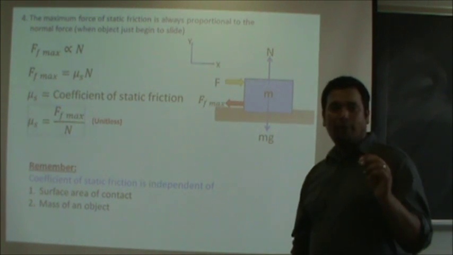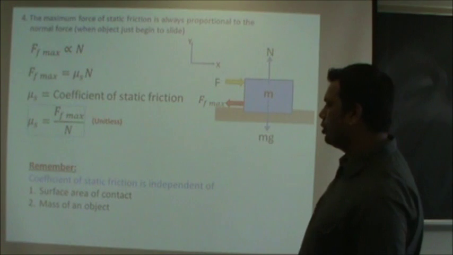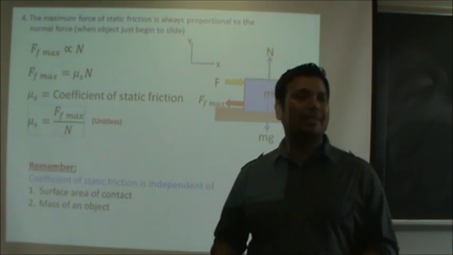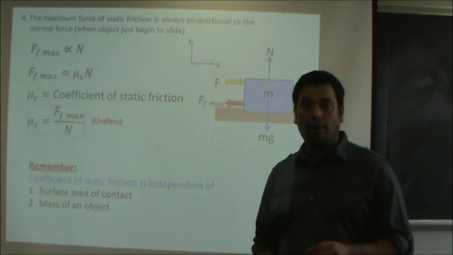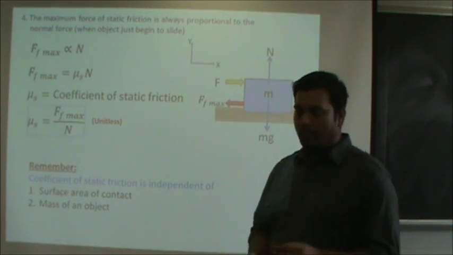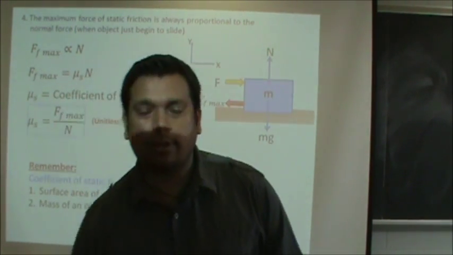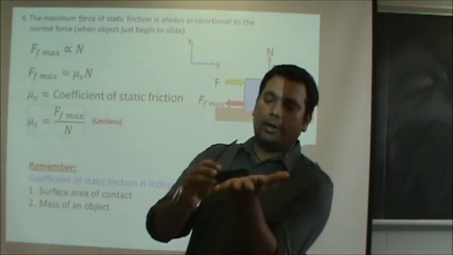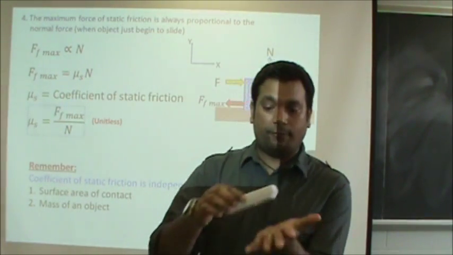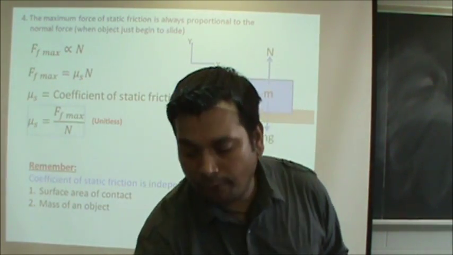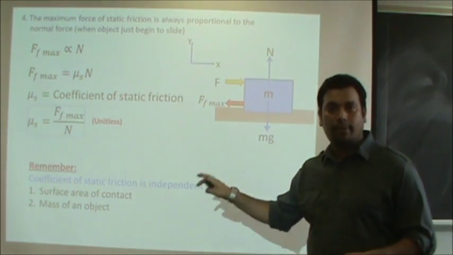And the second very important thing you need to remember is the coefficient of static friction is totally independent of surface area and the mass of an object. So that means it doesn't matter if your contact area is very small, or if your contact area is very big, the coefficient of static friction always remains the same.